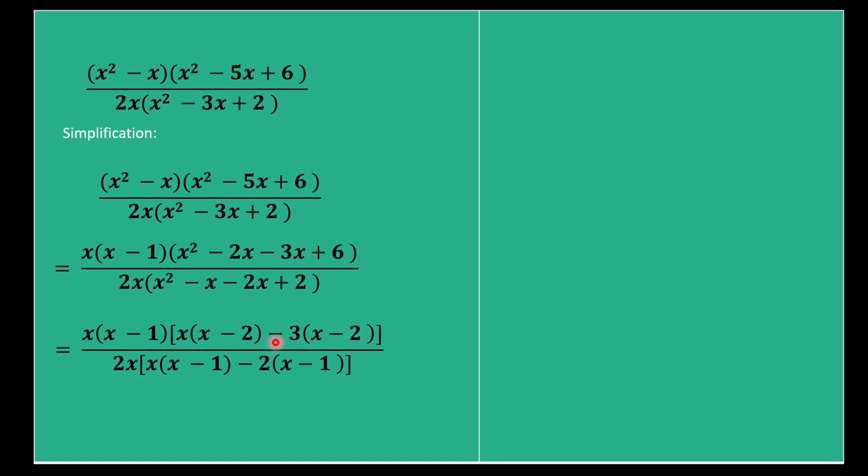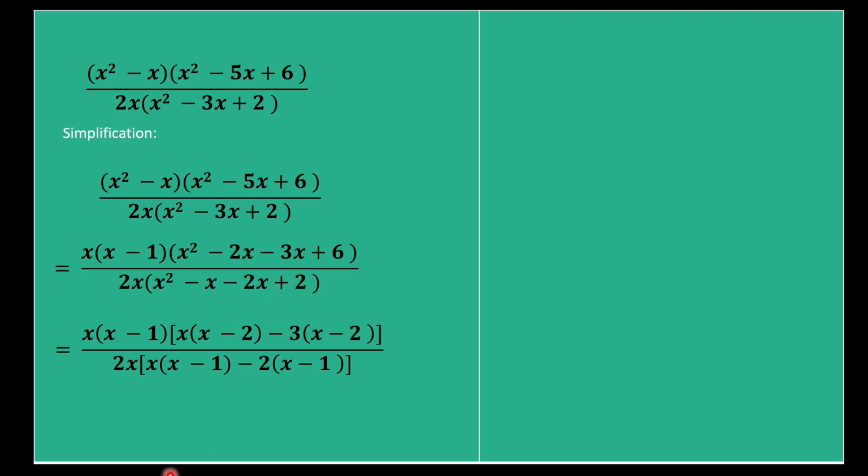Because minus multiplied by minus will become plus. Similarly, in x² − x, x is common, so the remaining terms are x and −1, giving x − 1. And in these two terms, 2 is common, so we take −2 as a common factor and get x − 1.